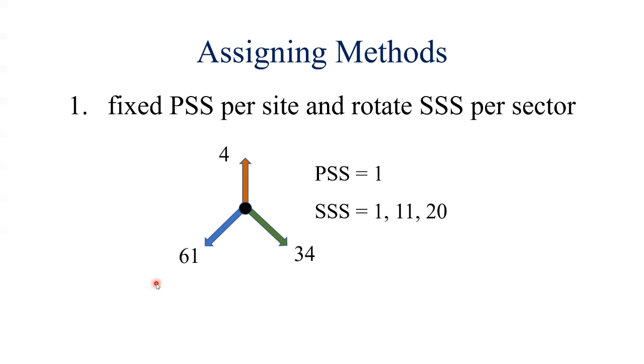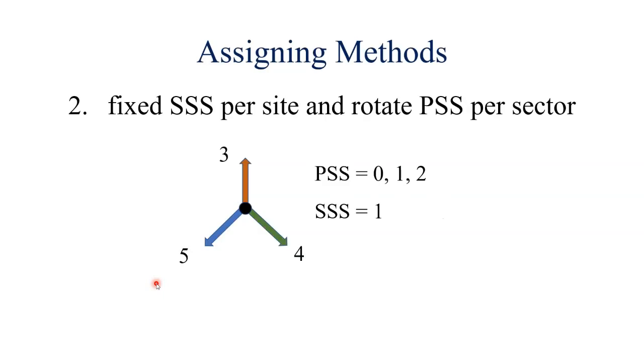There are two assigning methods for PCI. Number one is keeping a fixed PSS per site and rotating the SSS per sector. This will force collisions to happen on resource elements associated with reference signals, and the traffic resource elements will not receive any interference from co-sited sectors' reference signals.